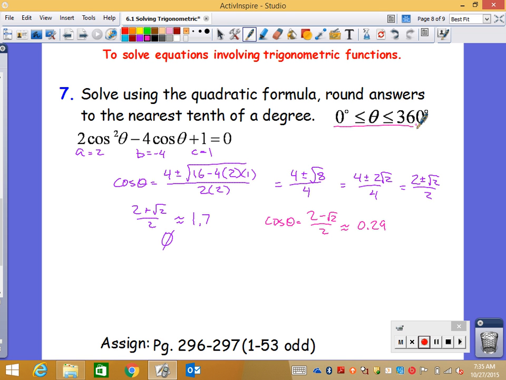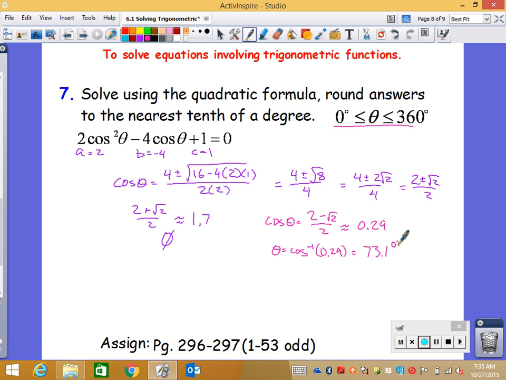Take the inverse cosine of both sides, so I get theta is equal to inverse cosine 0.29, which your calculator is going to spit out 73.1 degrees. Remember, this is just your reference angle. Your calculator gives you the reference angle.